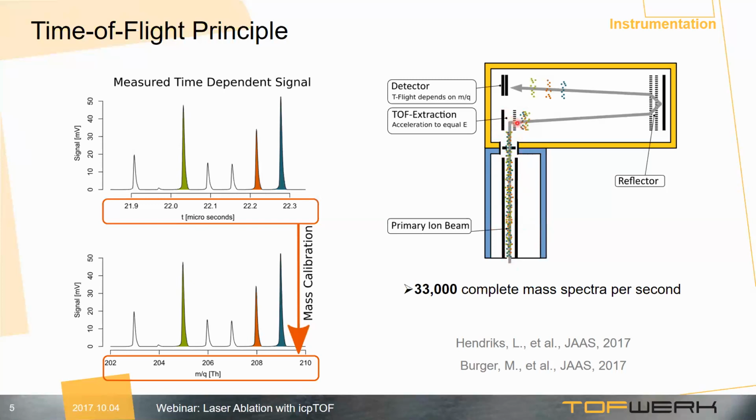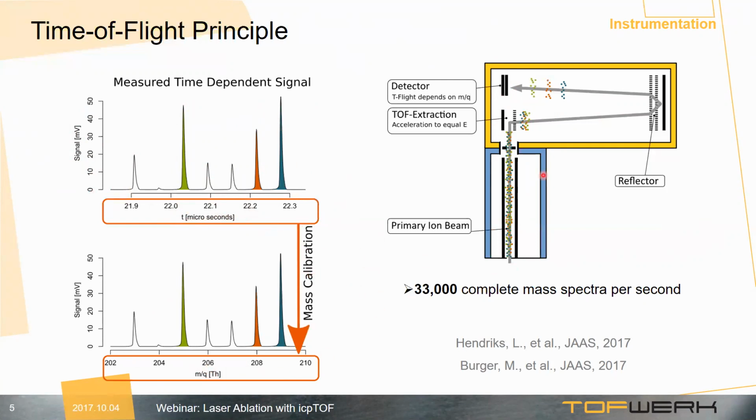In this scheme, the lighter ions travel faster than the heavier ones. At the detector, you record intensity in millivolts against time of flight. If you know the identity of some of these masses, you can perform a mass calibration and transform this time of flight axis into mass over charge. The unit here is Thomson.